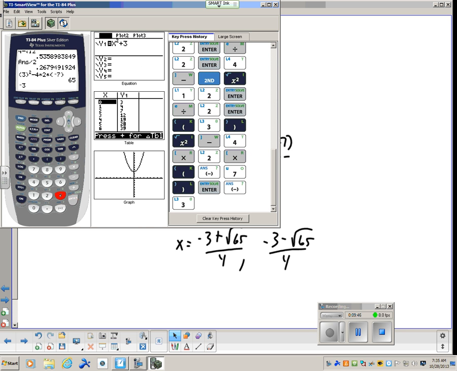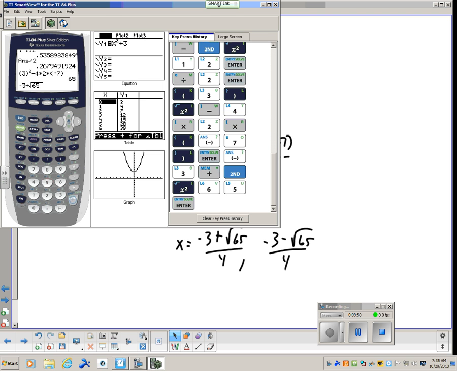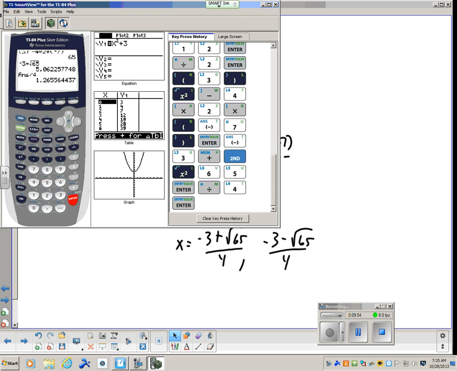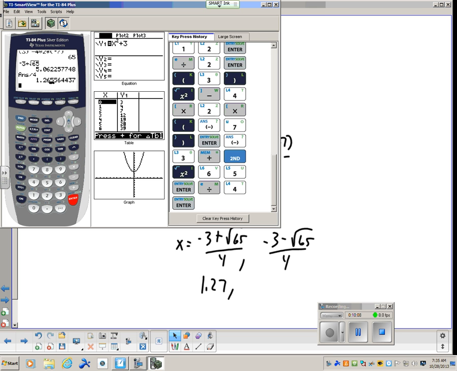Negative 3 plus the square root of 65 divided by 4. And I get 1.27 because it's a 5 to the right there. Since I've got a 5 there to the right, I'm going to round that 6 up to a 7, so 1.27. And I can do the other one as well.